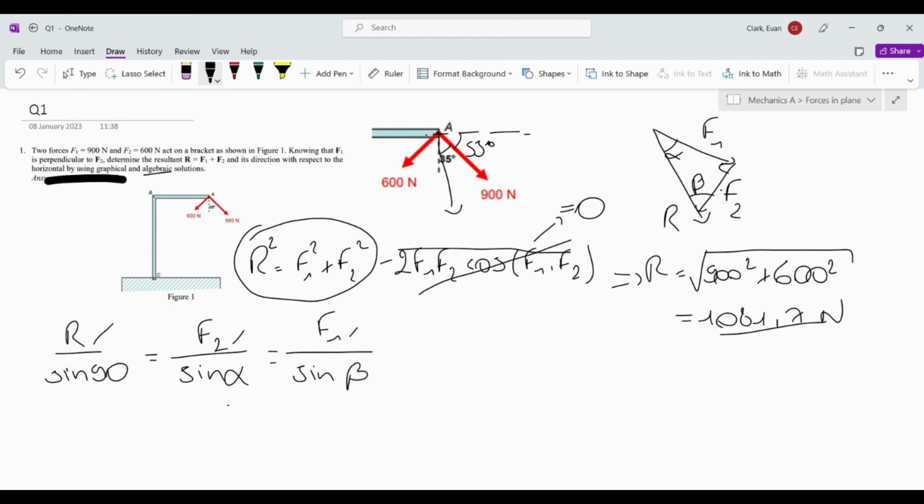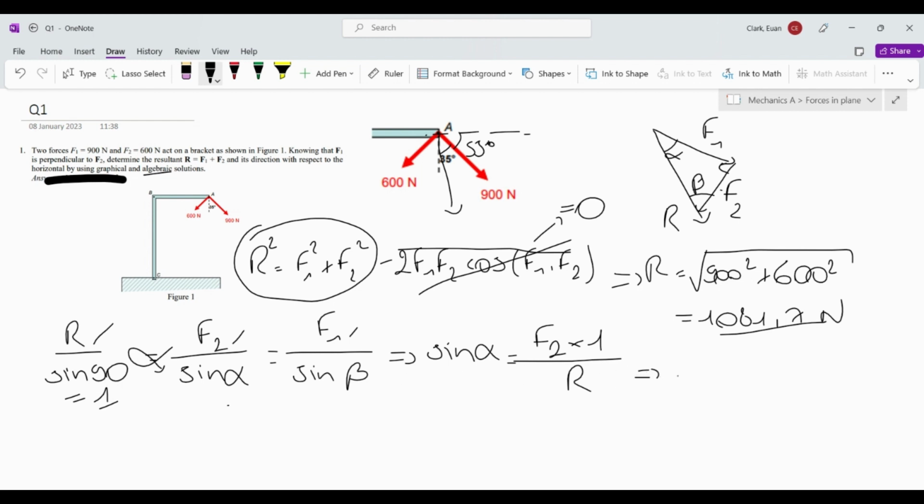So we're going to use a simple proportional method, and we know that sine 90 is the same as 1. So this is going to help us. We're going to find sine alpha. Sine alpha is equal to F2 times sine 90, well, that is 1, divided by R.